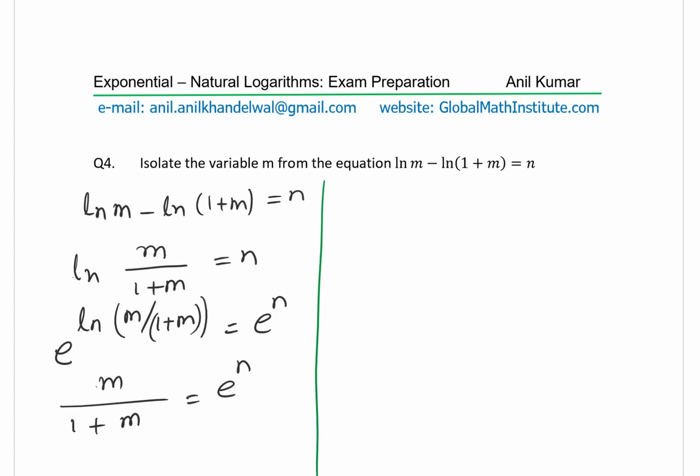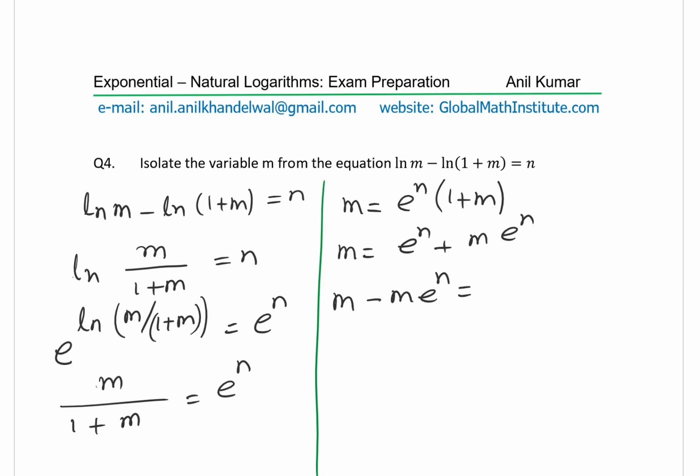So let's cross multiply. Then we get m equals to e to the power of n times 1 plus m, which is m equals to e to the power of n plus m times e to the power of n. We can bring it to the left side. So we get m minus m e to the power of n equals to e to the power of n.